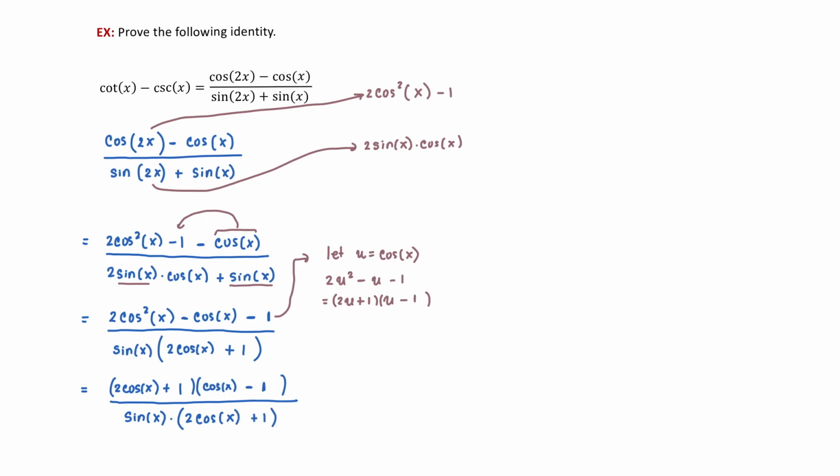And then I want you to notice that I have two identical factors, one on top and one below, which means that I can nicely cancel those factors out. When I do that, I will have cosine of x minus 1, all of this divided by sine x. So I cancel my factors, which is what I wanted. I wanted to have some sort of cancellation, which really means I'm simplifying my expression.